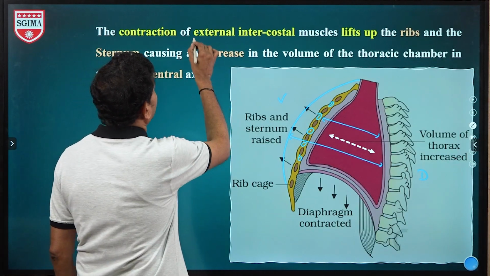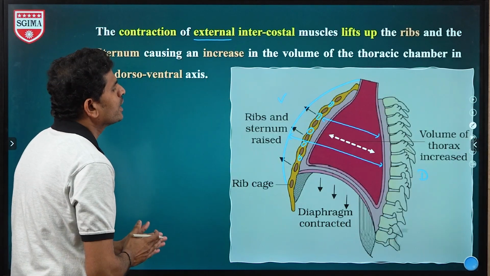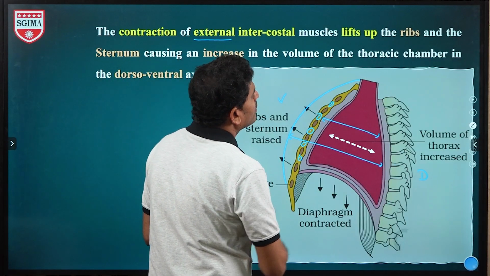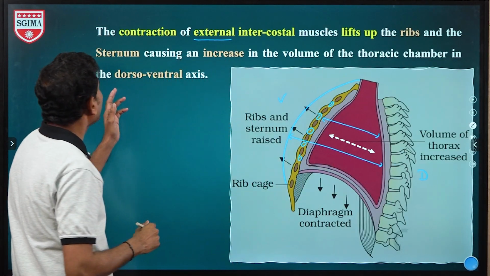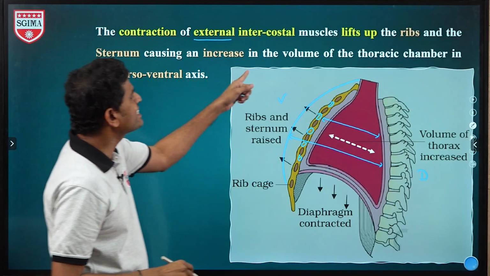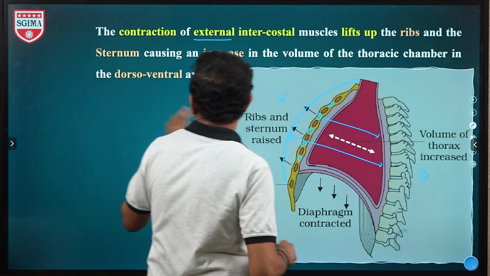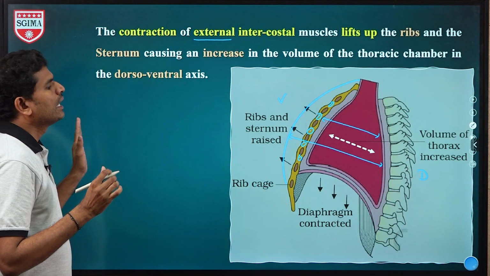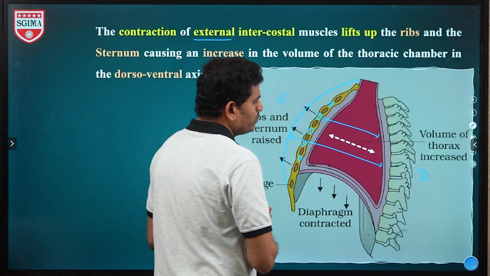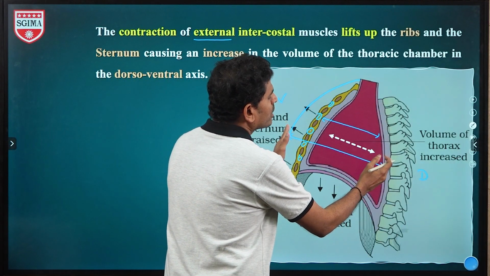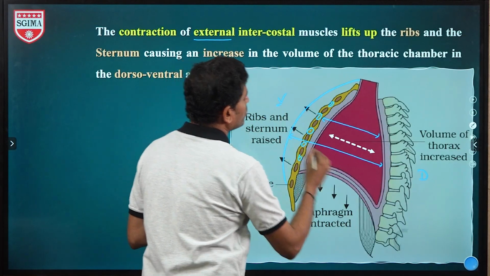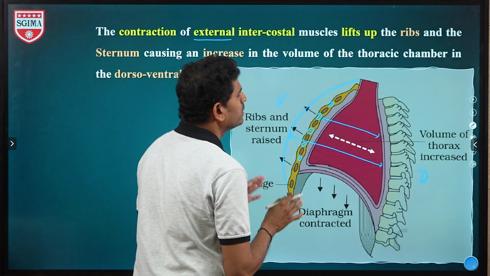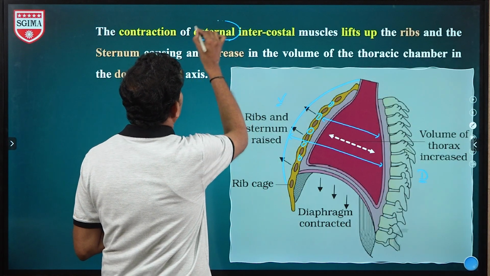Among the intercostal muscles, the external intercostal muscles help in increasing the width of the thoracic cavity. They lift the ribs and sternum, causing an increase in the volume of the thoracic chamber in the dorsoventral axis. Okay? So what we can understand from this slide is the increase in the width of the thoracic cavity, on the dorsoventral side. For this increase, there must be contraction of the external intercostal muscles.